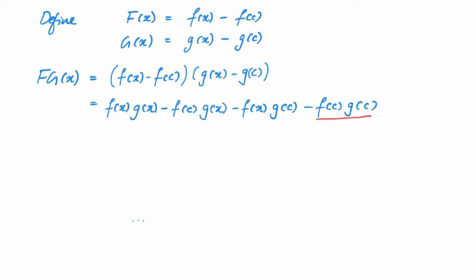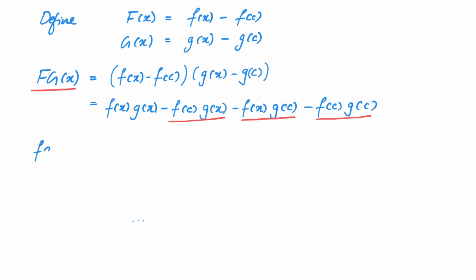As g(c) is a constant and f is differentiable, f(x) times g(c) is differentiable. Similarly, f(c) times g(x) is also differentiable. Further notice that capital F(c) and capital G(c) are 0. Therefore, from our special case, we know that capital FG is a differentiable function.